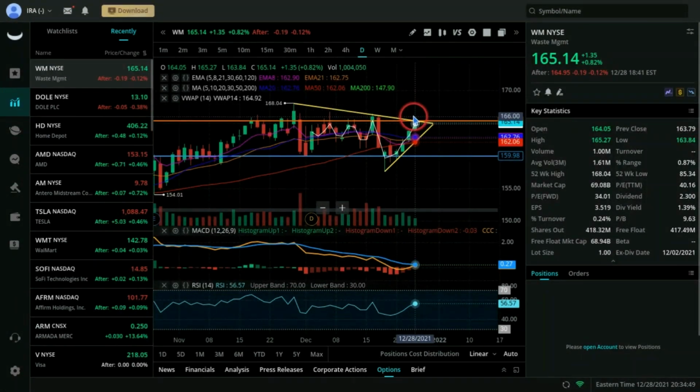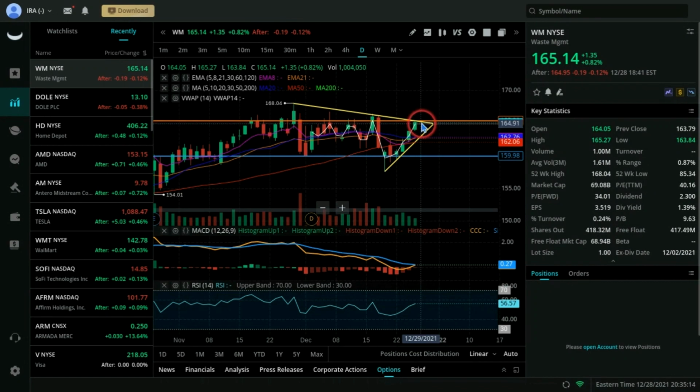And then to find our put trigger, in this case, you can play it 2 ways. Let's get to the next day's candle, and you can play it off the rejection of this top trend.